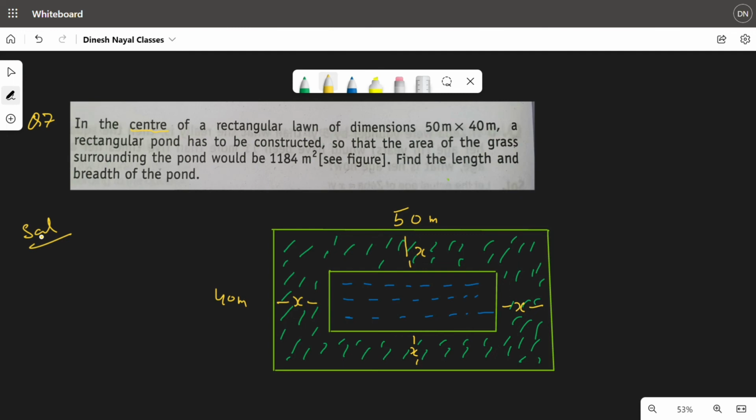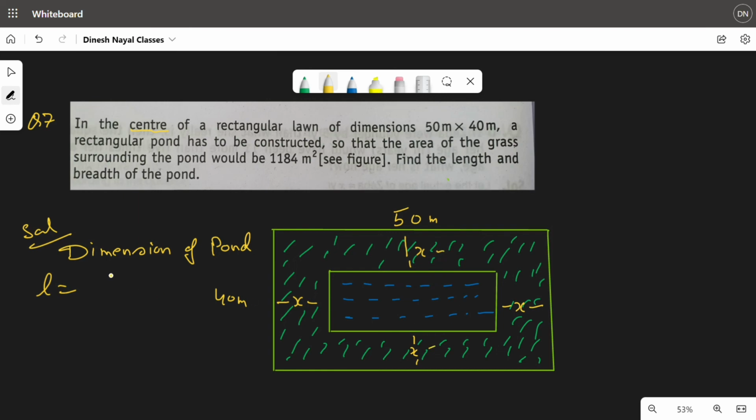Now, we have to find the dimensions of the pond. So we see the length of the pond will be 50.